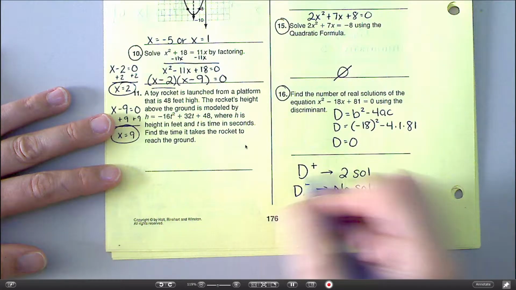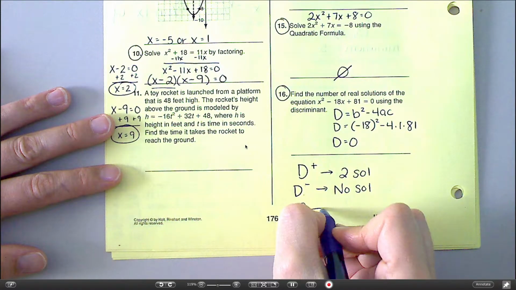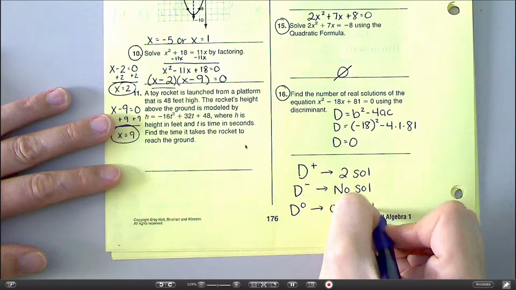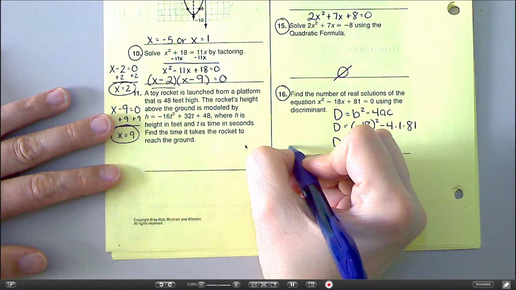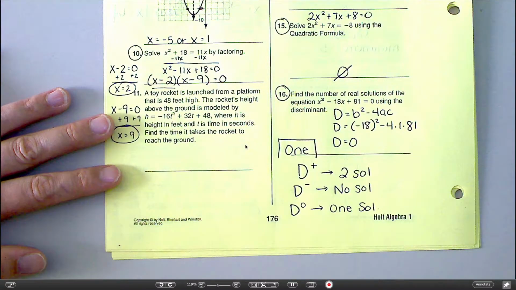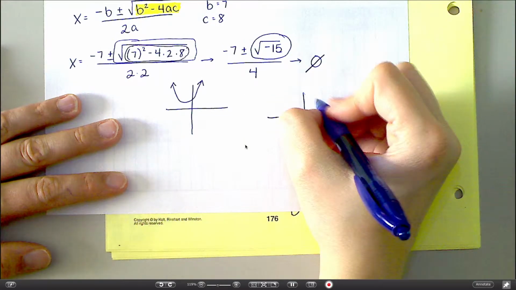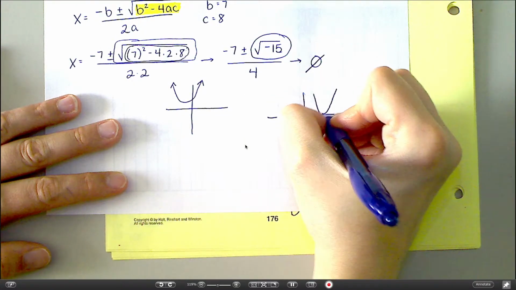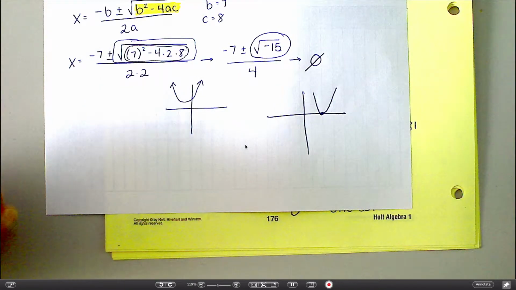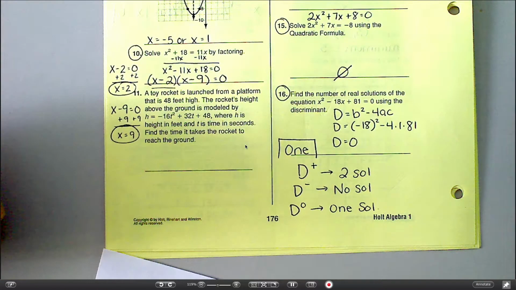So positive means 2, negative means none. What do you think 0 means? 1 solution. Okay? So this answer would be 1 real solution. And that means that if you were to look at it as a graph, it would be sitting right on the axis. Or it could be upside down, but basically the vertex is going to be right on the x-axis. Does that stuff ring a bell?